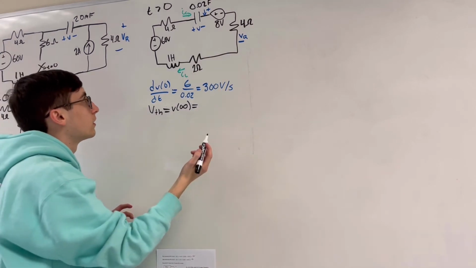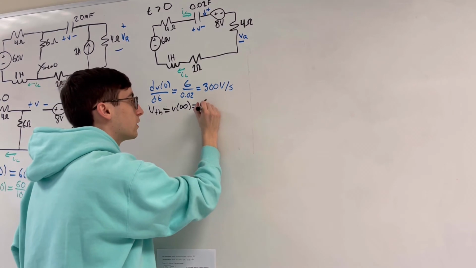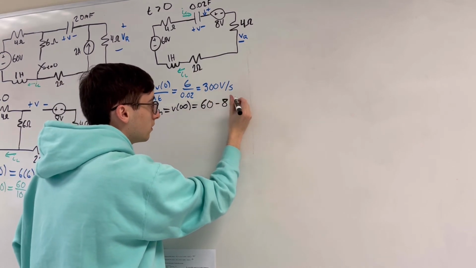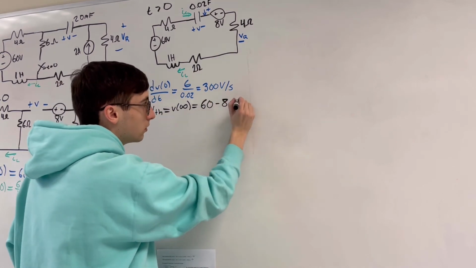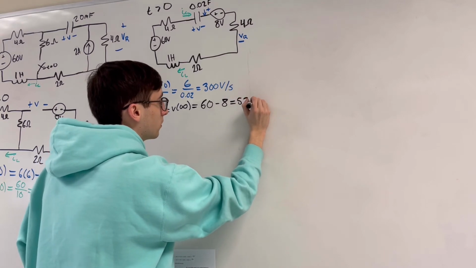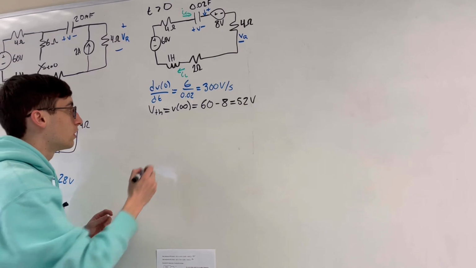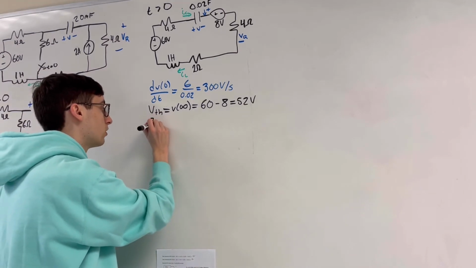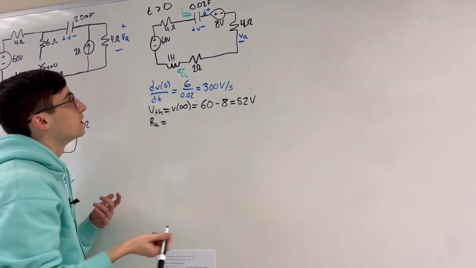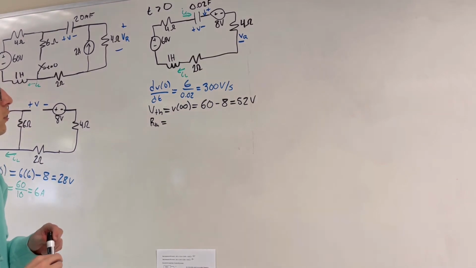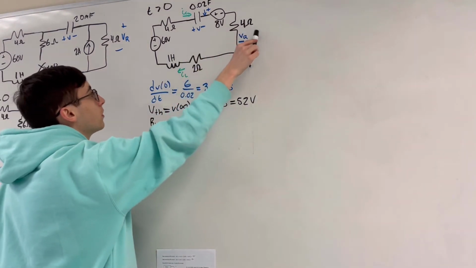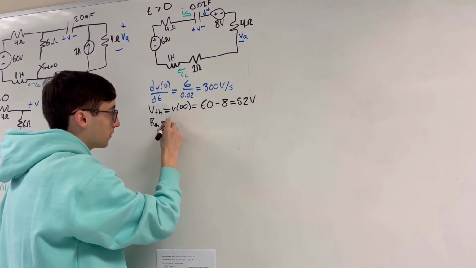But since they're going in opposite directions, we're going to have 60 minus 8, and that's just going to be equal to 52 volts. All right. And now one more thing we want to solve for is our RTH. That's pretty easy to see. That is going to just be 4 plus 4 plus 2, which is 10 ohms.